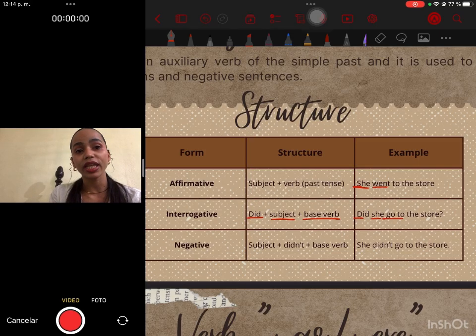Go is the base verb, not the simple past. Did she go to the store? The structure for negative is subject plus auxiliary didn't plus base verb. She is the subject, didn't is the auxiliary, and go is the base verb: she didn't go to the store.